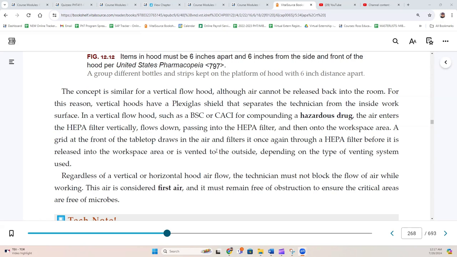A grid at the front of the tabletop draws in the air and filters it once again with a HEPA filter before it is released into the workspace area or is vented to the outside, depending on the type of venting system used.